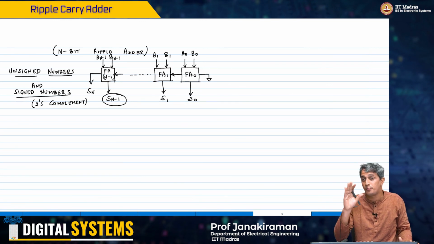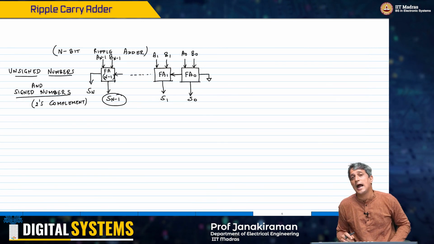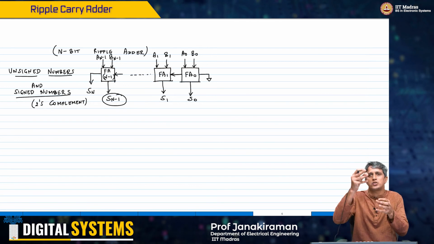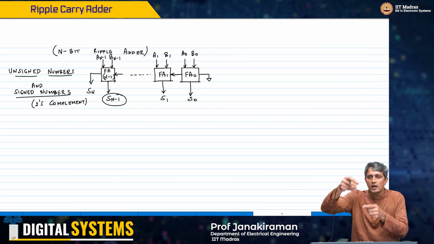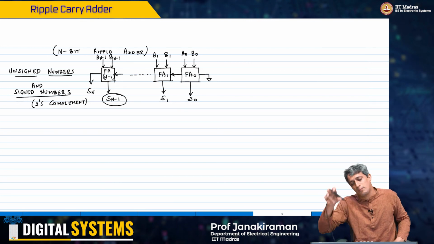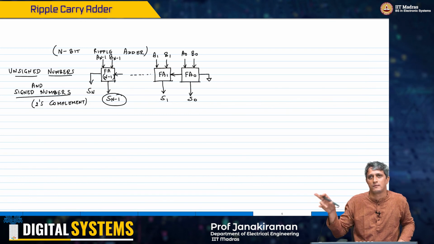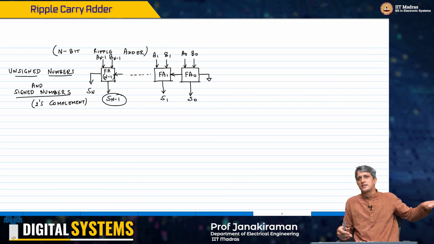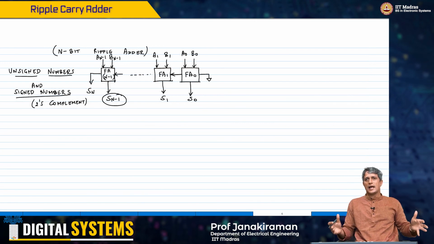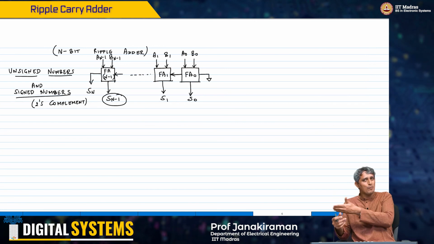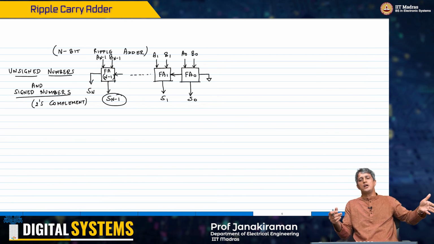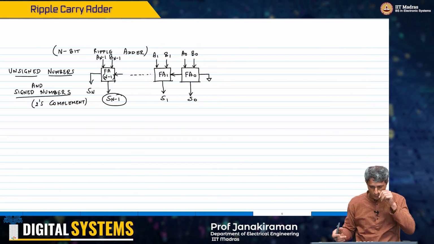Therefore, Sn minus 1 depends on C out of n minus 2. However, C out of n minus 2 in turn depends on all these bits. That is why this is a nice hierarchical design which is just using a full adder as your base unit and then propagating signals. We are taking the output of one stage and giving it to the next stage and so on.